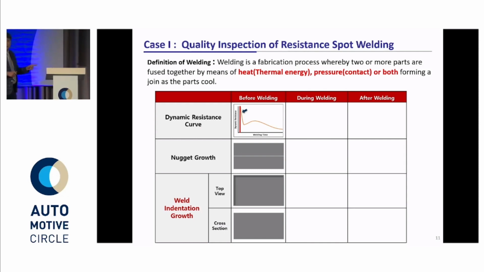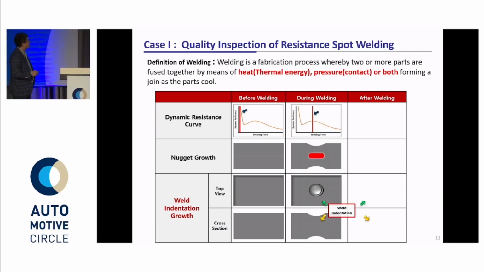So in resistance spot welding, when the weld starts, a small nugget starts to grow at the interface, and because of this small molten metal developed here, it actually yields the surface by the pressure applied from the electrode, and then the indentation will be formed along with the nugget diameter.